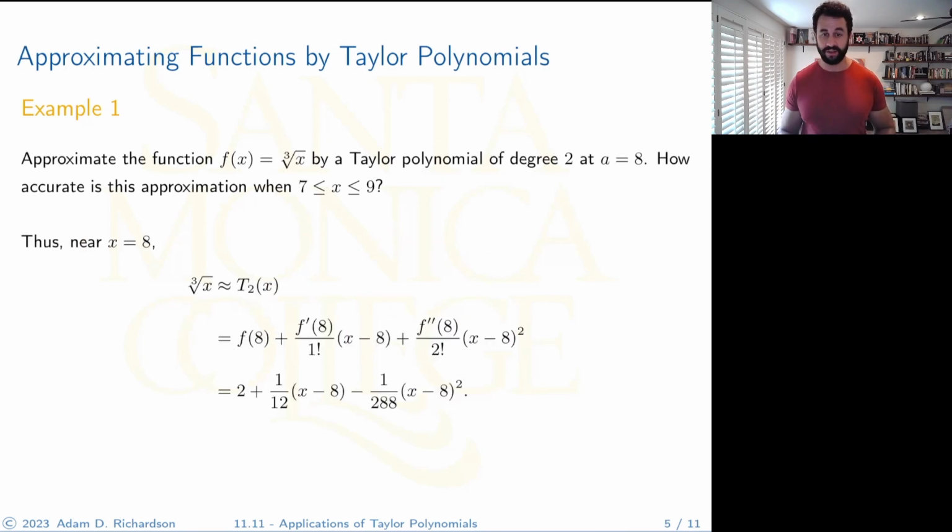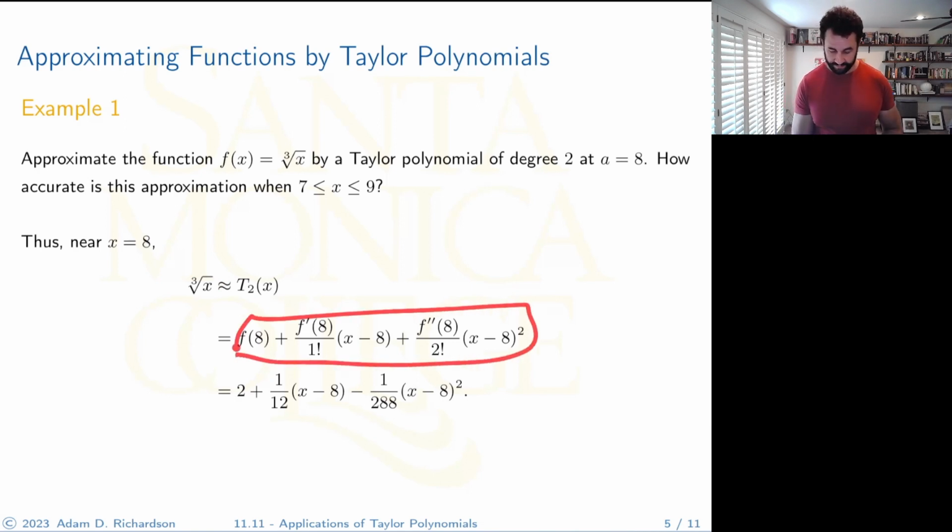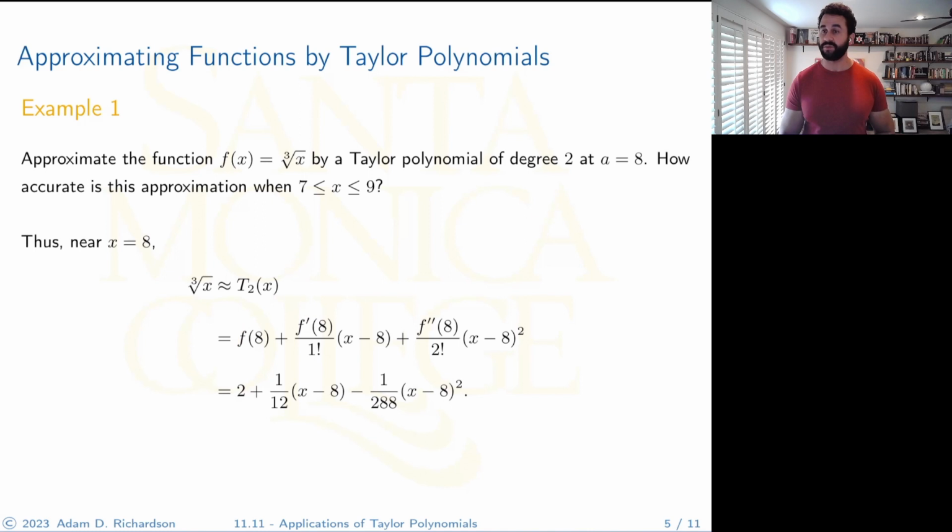So putting these together, we get this, that cube root of x is approximately equal to its second order Taylor polynomial. And that Taylor polynomial is given by this formula. And we have all of the things that we need for that formula. So this becomes this, and this becomes this. There it is.